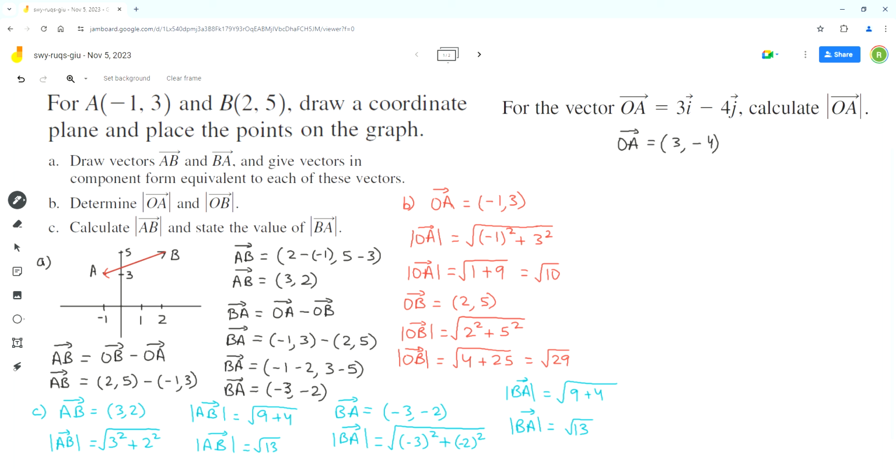Now we can calculate the magnitude. So we'll square the components and add them and apply square root.